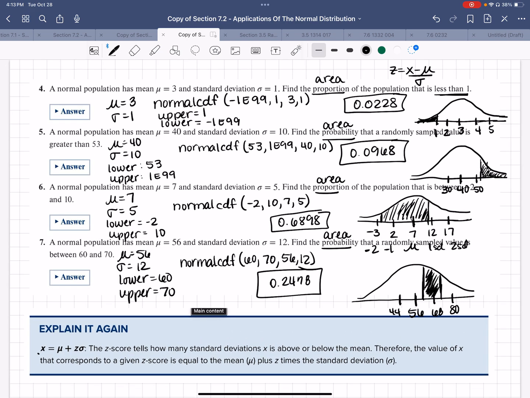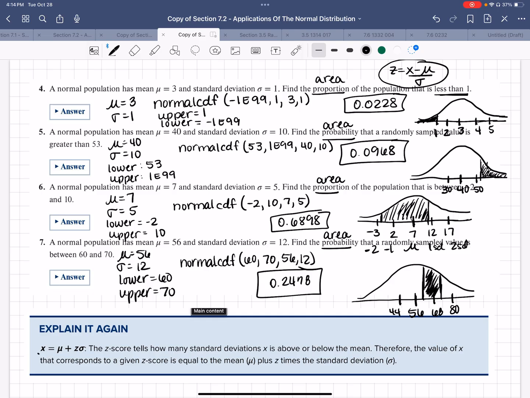So let's look at 5 and use this on 5. Now, like I said, you can just simply use normal CDF. You can change that mu, you can change that sigma, and you're going to get the right answer. These were designed to use a table, so you would have to get a z-score first. I'm not going to make you use a table on a test. I'm not going to make you use a table on the final exam, okay? So if you can use your calculator, we've given you one.